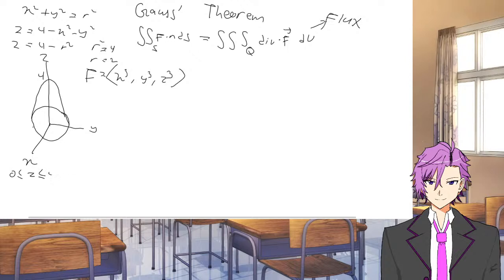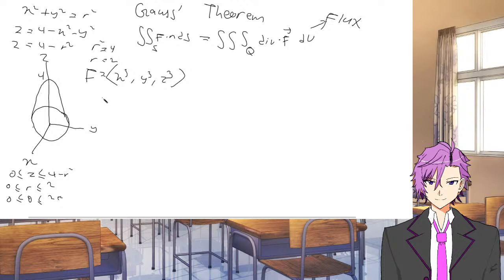So z goes from 0 to 4 minus r squared. For r, 0 approaching 2. And then the theta, 0 approaching 2 pi. So those will be the parameters for our question.